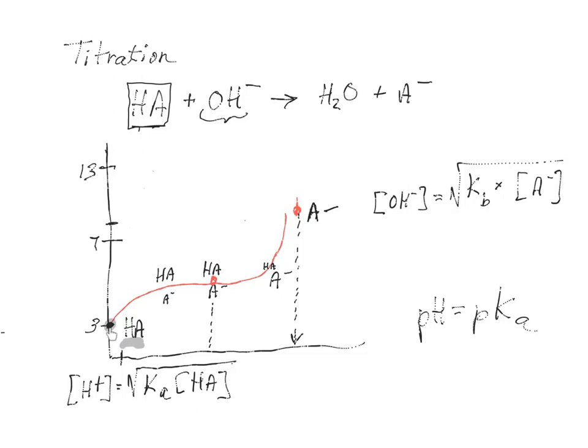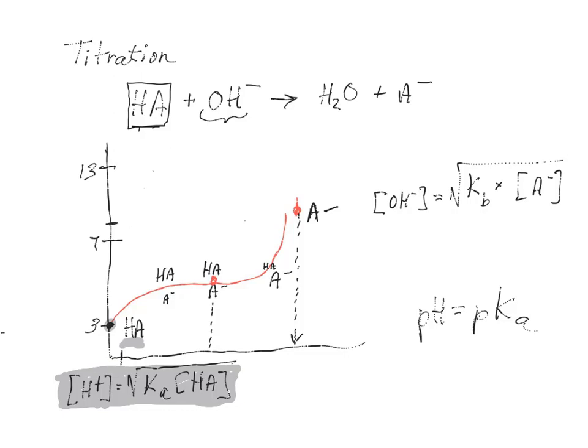And right here, you could end up finding the hydrogen ion concentration, Ka times the concentration of the acid. This equation applies at the very, very start of the titration, when we just have our weak acid in a flask and we're going to dump some base into it. So that's what we're going to do next.